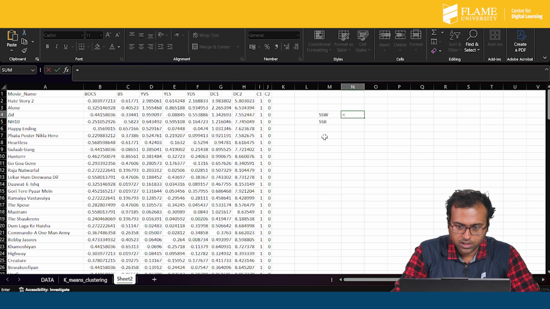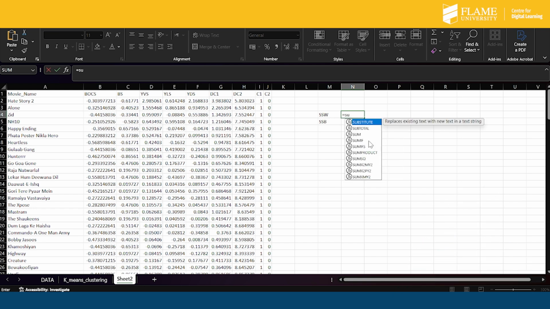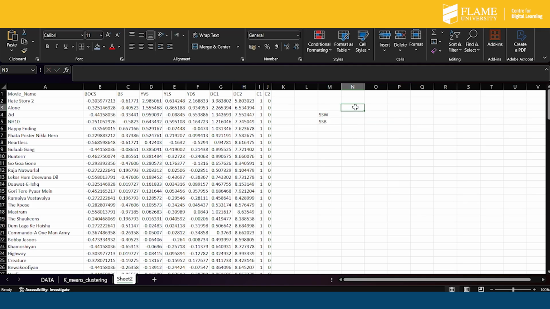So what I will do, I am just taking the square and taking the sum of these values. So I have to just write sum, and then, so let us first, this is SSW for C1, this is for C2, then we have to calculate the total.